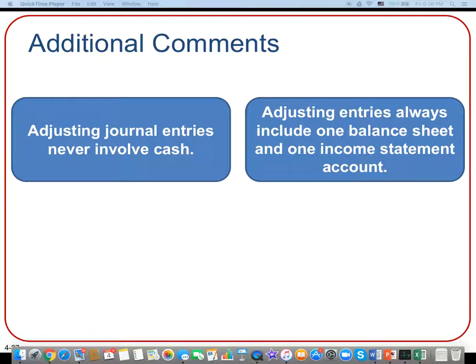We always need to record the expense as it is incurred, and that expense is also part of your income statement. But on the other side, because there's no cash involved, you either have an increase of a liability account, a decrease of a liability account, or an increase of your asset account.